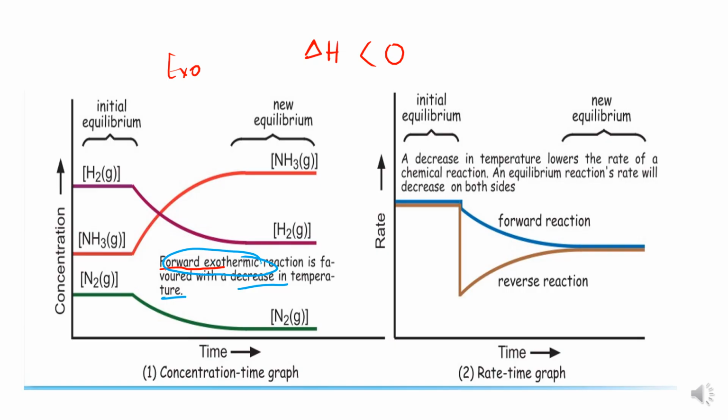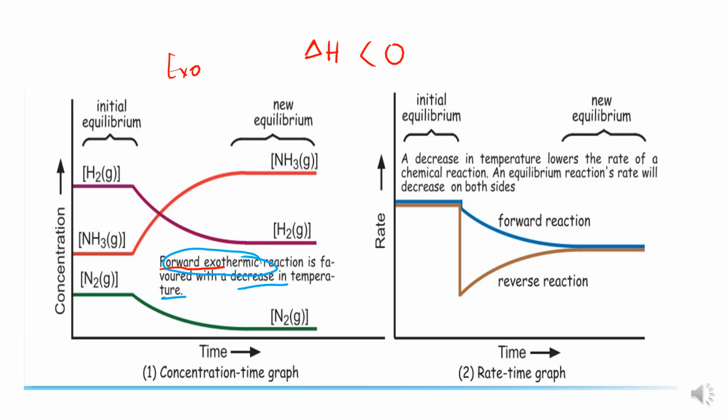It means although both of them are going to decrease, the one that is favored should decrease less, right? The reaction rate of the favored reaction should still be higher than the reaction rate of the one that was not favored. So you will see that the forward reaction rate decreases less compared to the reverse reaction rate, right? I hope that is clear. So between these two, the one in blue is the one that is favored.